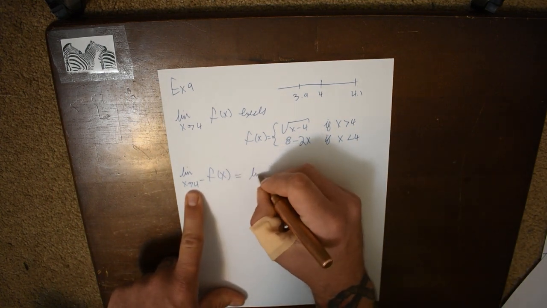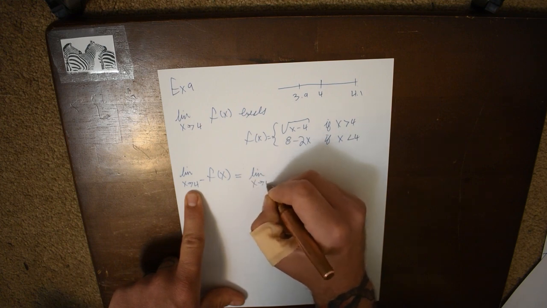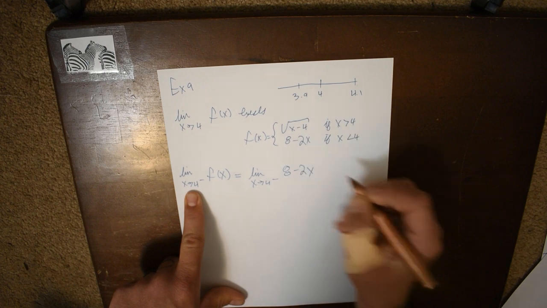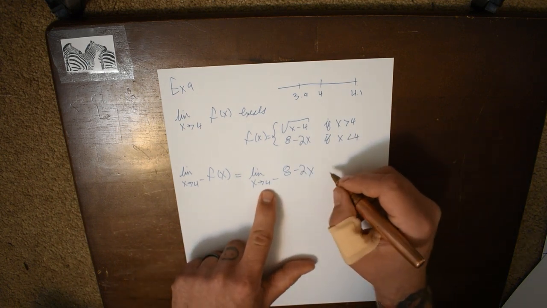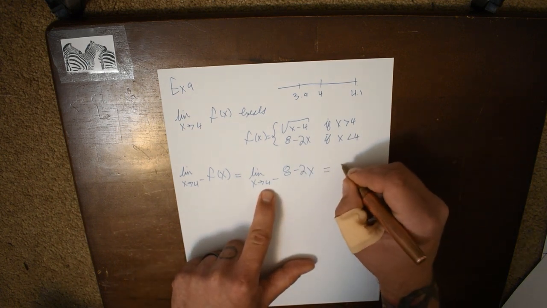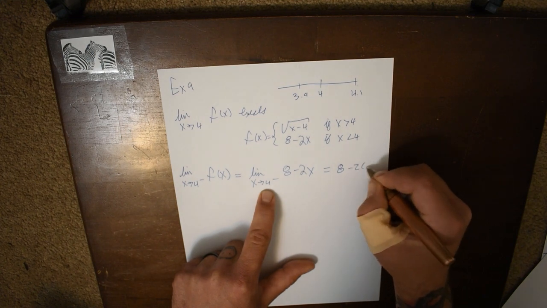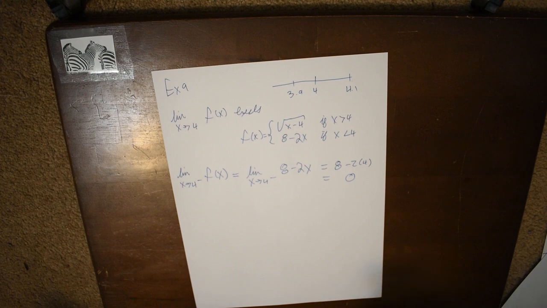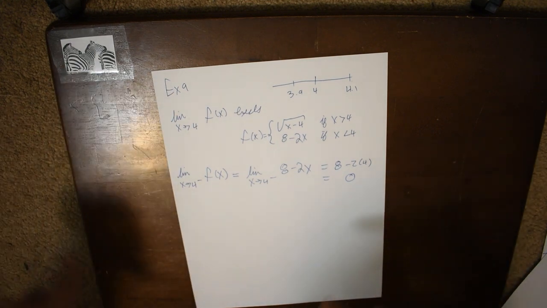This is equal to the limit as x approaches 4 from the left of 8 minus 2x, which is 8 minus 2 times 4, which is equal to 0. Solid.